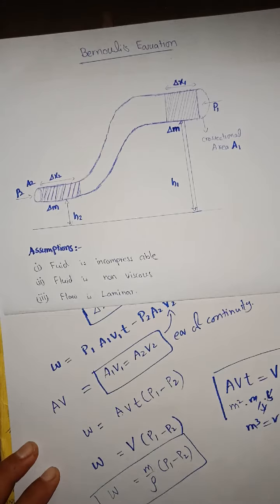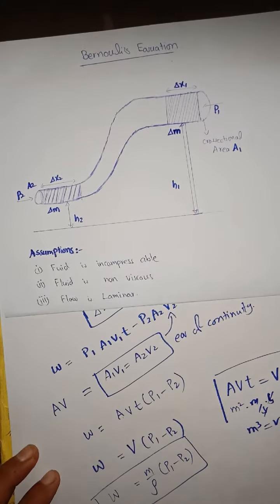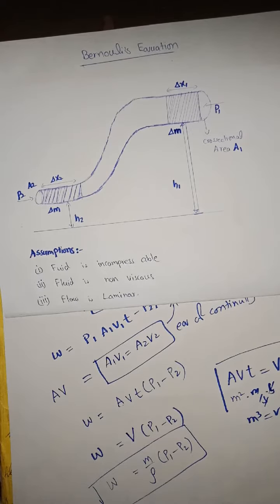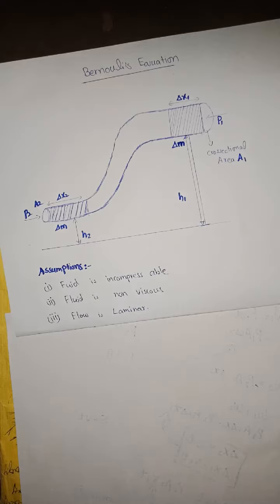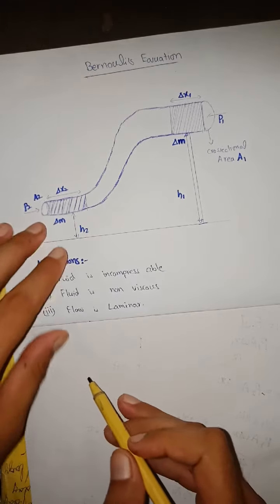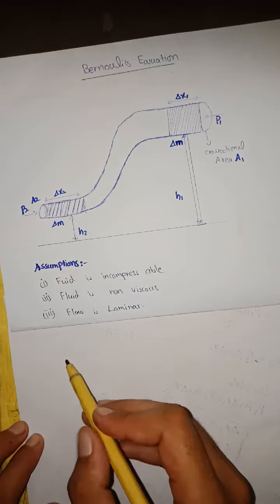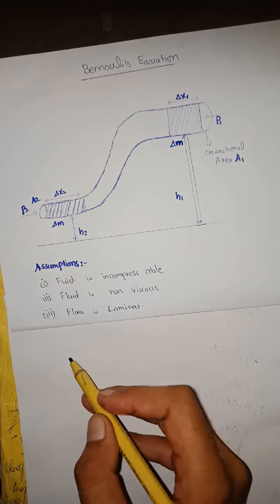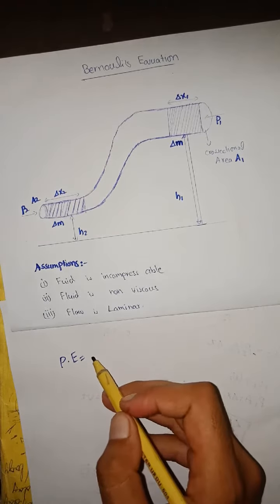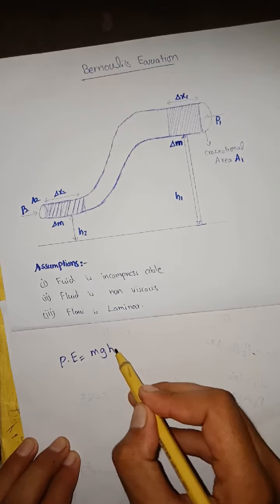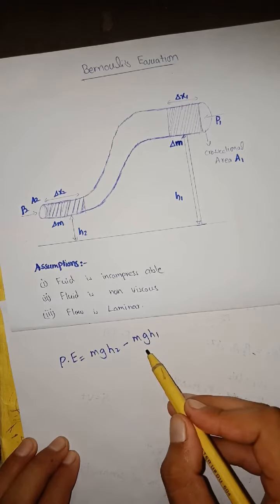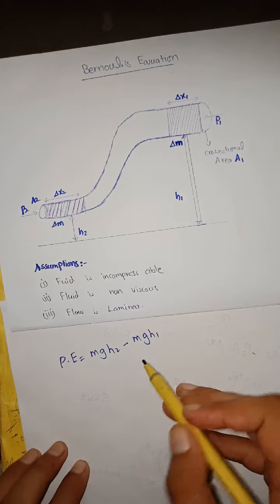Half of the derivation is almost completed. Now we will take account of the kinetic energy and the potential energy. If we want to find the change in potential energy, that would be equal to mgh2, the final energy, minus mgh1, the initial energy.